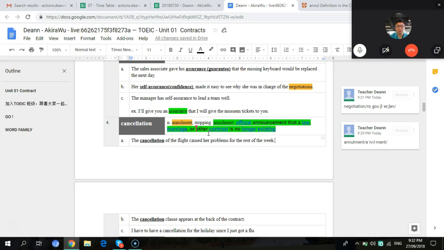Okay, so do you have any questions with the word cancellation and annulment? No questions. So can you read the following examples of sentences below? The cancellation of the flight caused her problems for the rest of the week. The cancellation clause appears at the back of the contract.